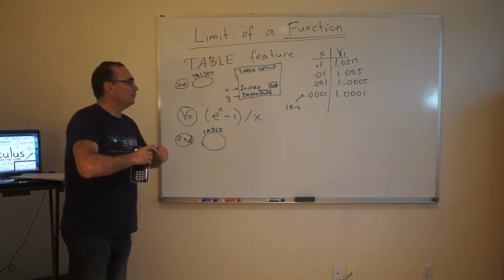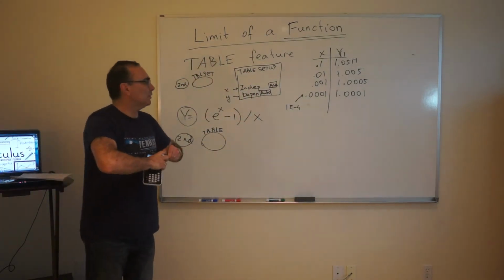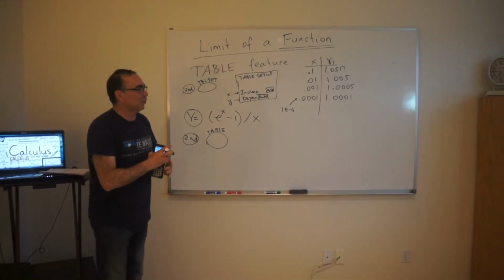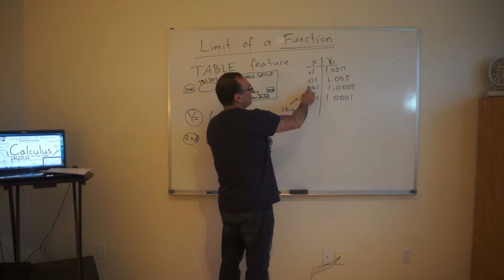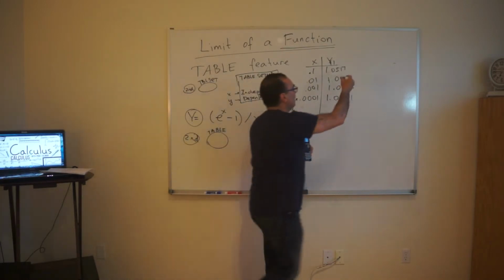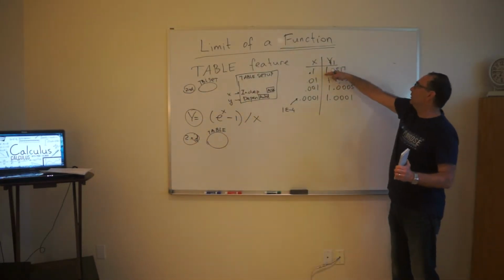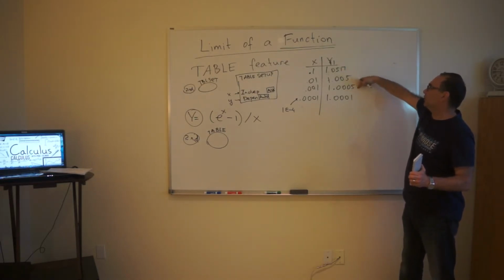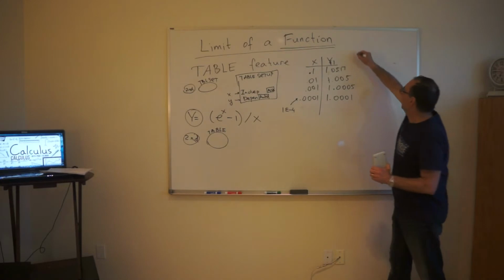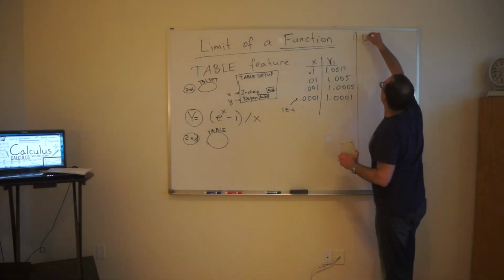Okay, now I will not go any further, I want to observe the corresponding function values. When I plug in x values smaller and smaller, what happens to the function values, to the y values? If you look from the top down, you will see that those function values become closer and closer to number 1. So let me write it as an observation.